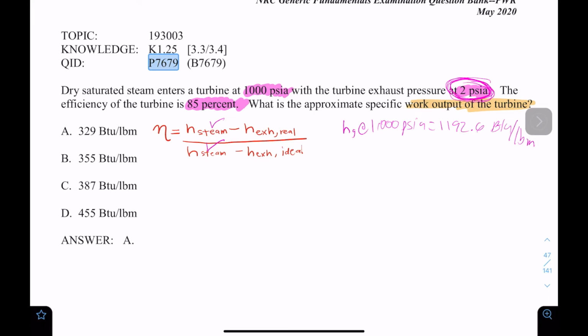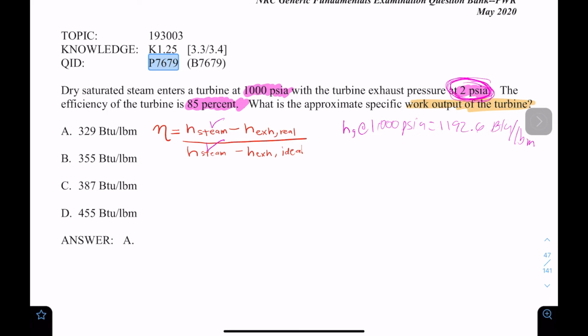So what I need to do is go to my Mollier diagram and go to where I have my 1000 psia and my 1192.6. So I have to go to that point, right?